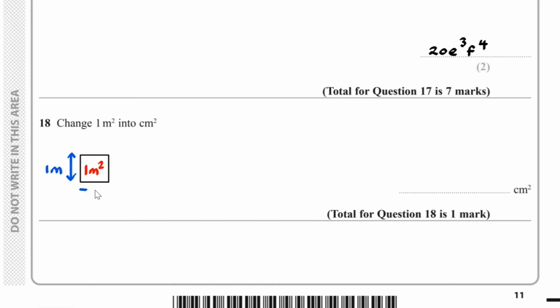We've got 1 meter by 1 meter. And so if I change this to centimeters, what we would have instead of 1 meter is 100 centimeters. And so the area here is 100 times 100, which is 10,000 centimeters squared.